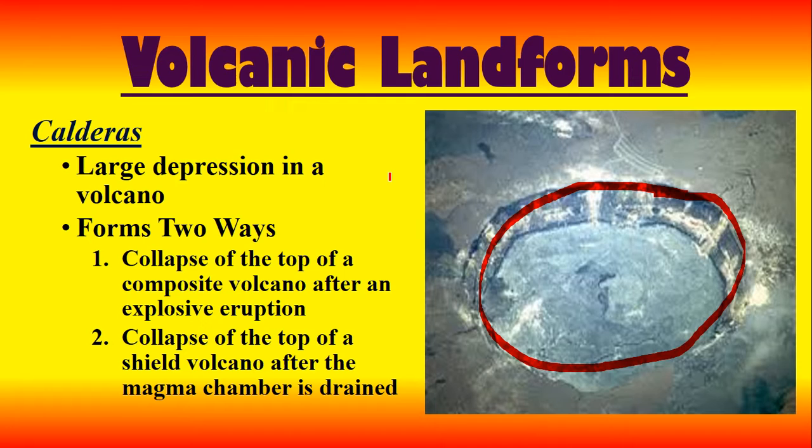So basically, there's an explosive eruption, and then it just collapses in on itself. And the other way, it could be the collapse of the top of a shield volcano after the magma chamber is drained. One thing that can happen is that they can fill with water and become a lake, but I wouldn't swim in that water because it could blow at any point if it's a stratovolcano.